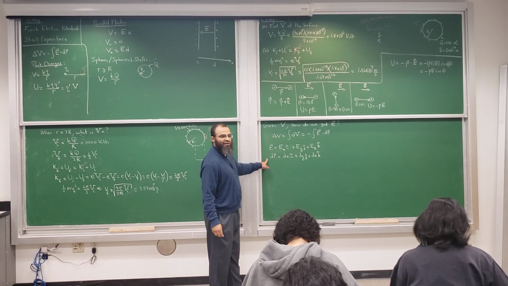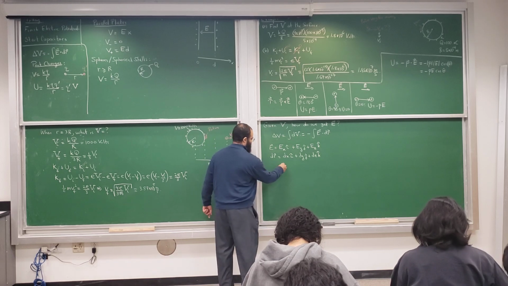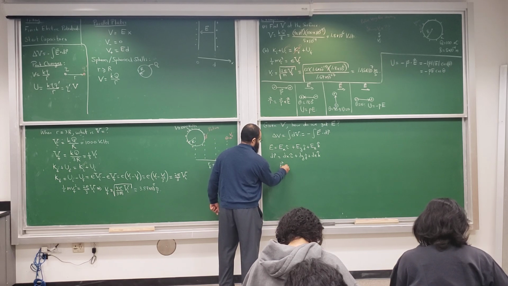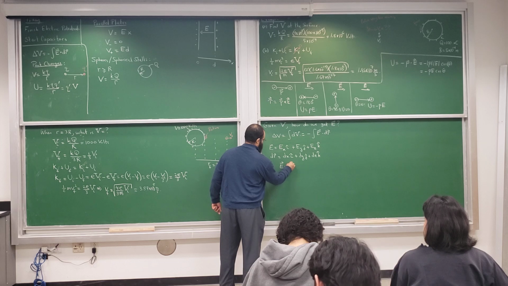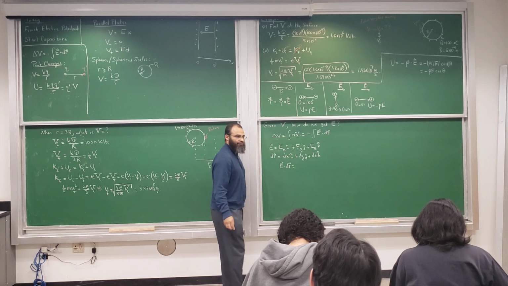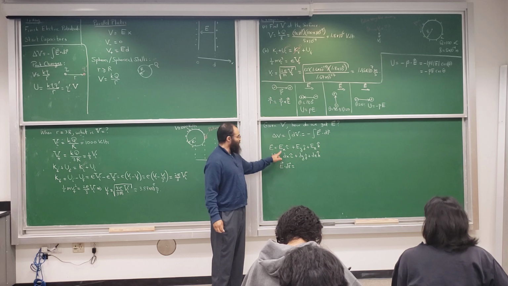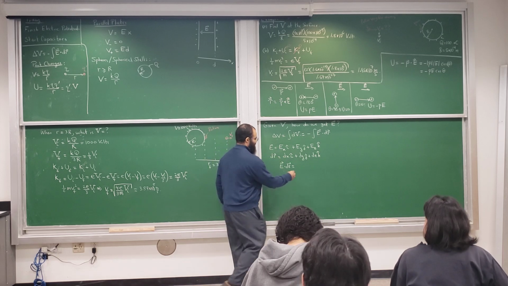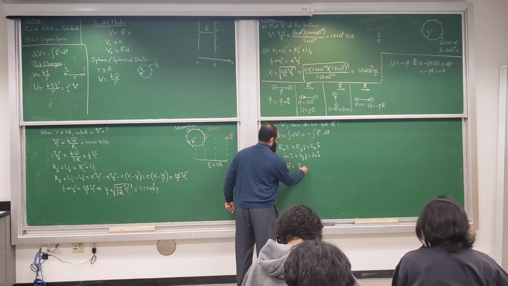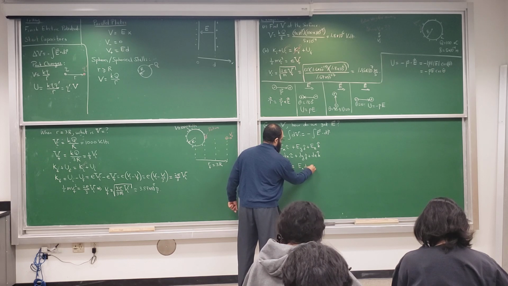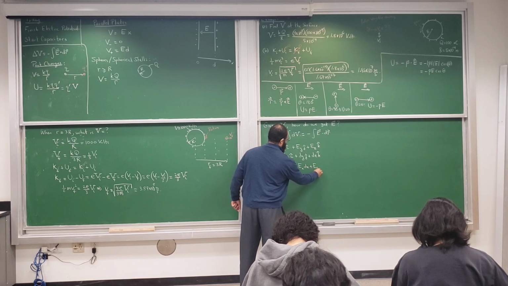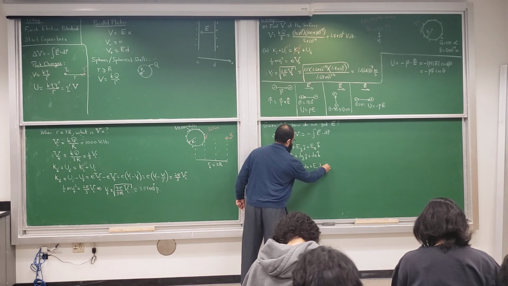Let's do their dot product. Ex dx, plus Ey dy, plus Ez dz.